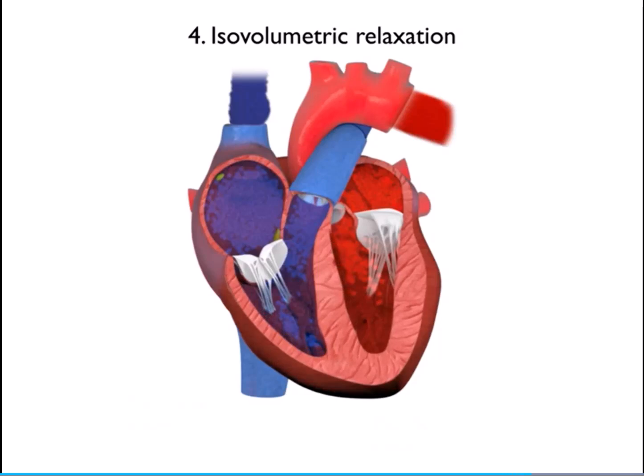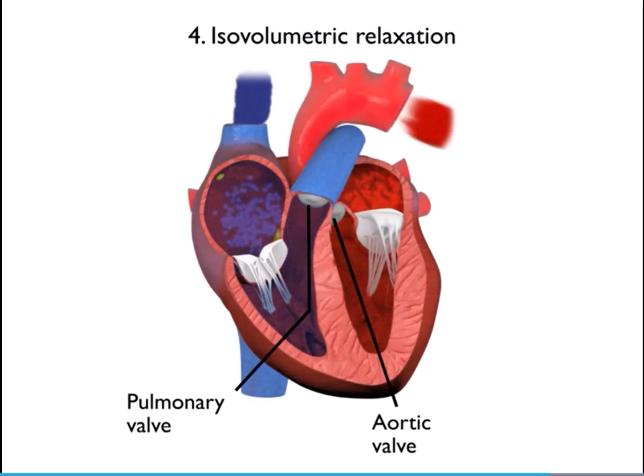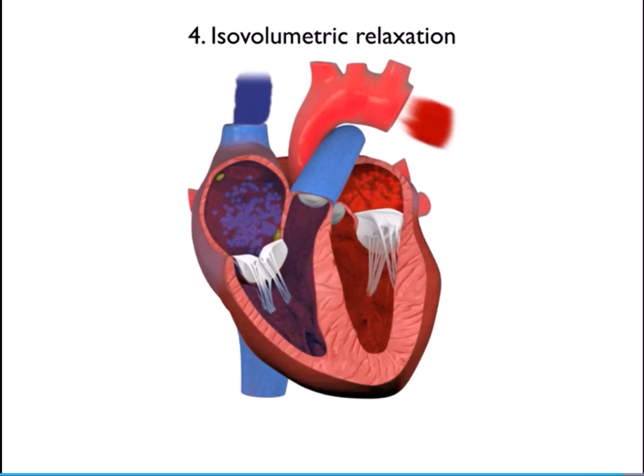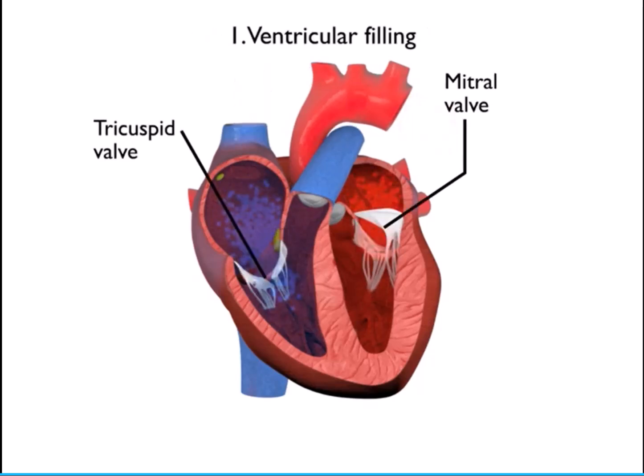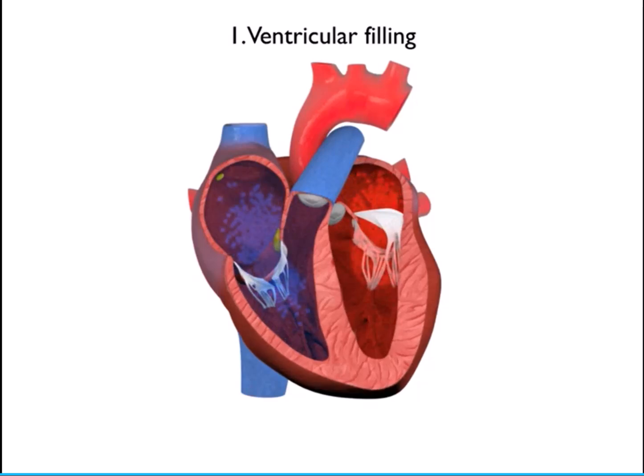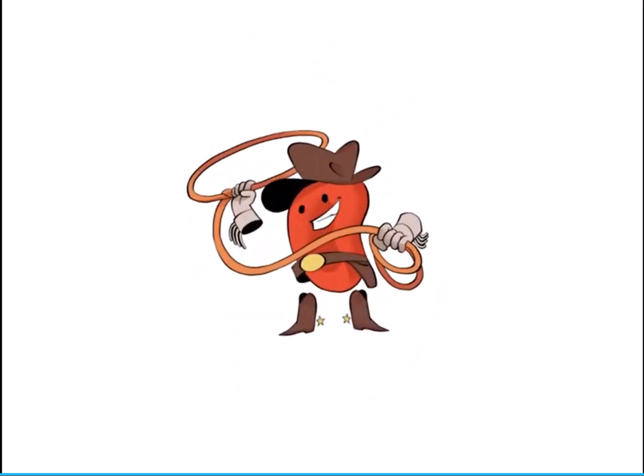Ventricular pressure decreases, causing the semilunar valves to close. Closing of the semilunar valves causes the second heart sound. When the ventricular pressure becomes less than atrial pressure, the atrioventricular valves reopen. The cardiac cycle repeats itself as ventricular filling begins again.